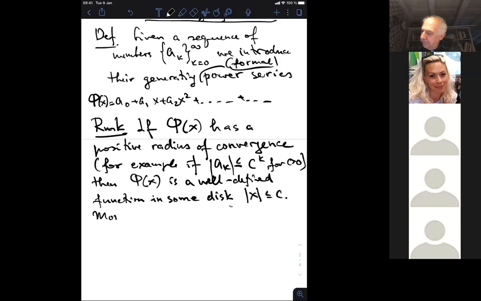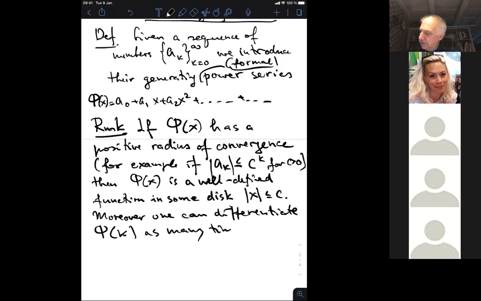moreover, one can differentiate phi of x as many times as we want. So it's an infinitely differentiable function. We can differentiate it once, twice, and so on and so on.